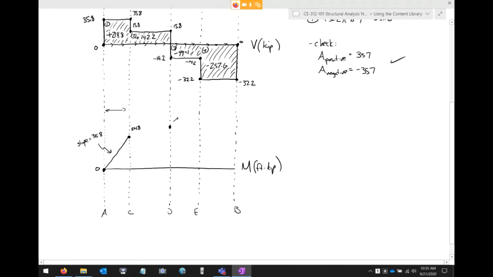So what is this point going to be? 352? It's not 352. You're close. It's 357. It's going to go up like that. So this is 357.